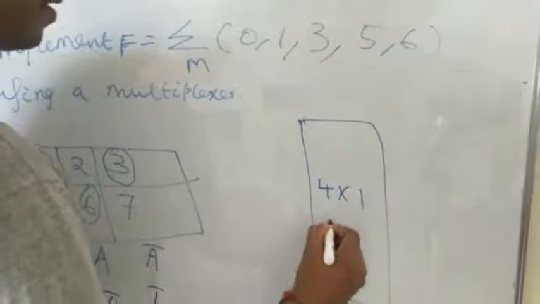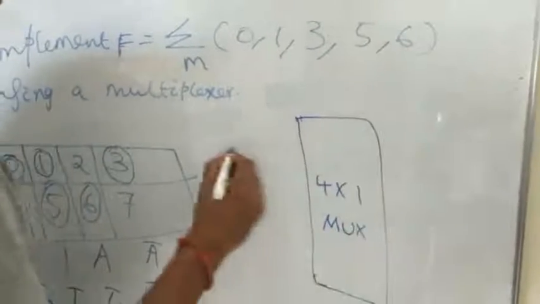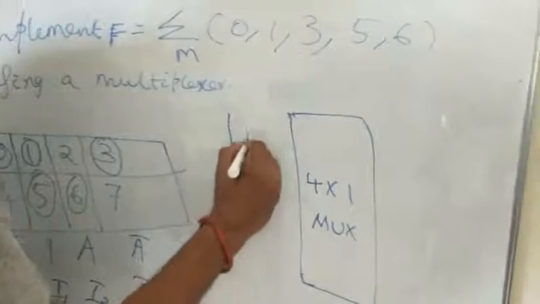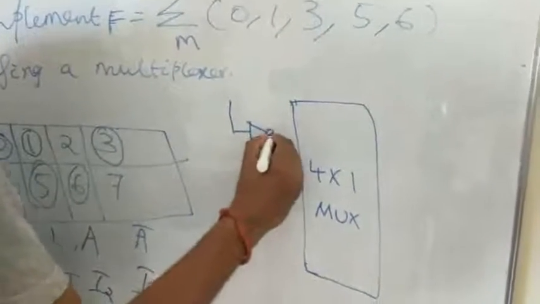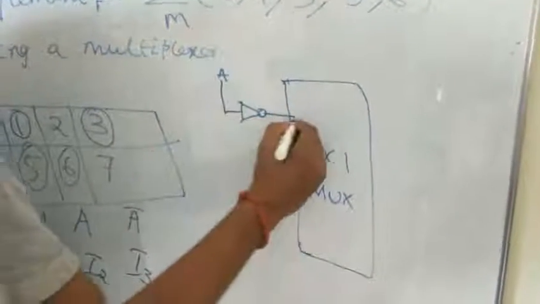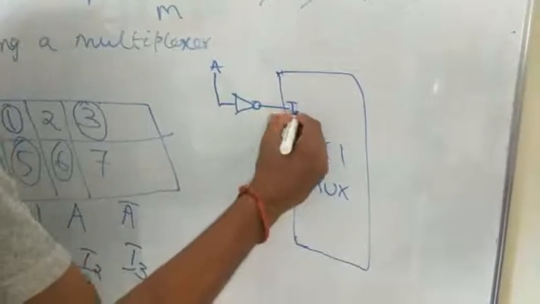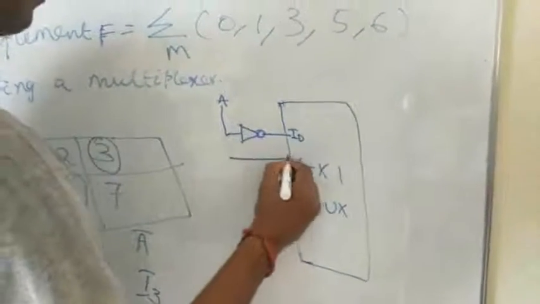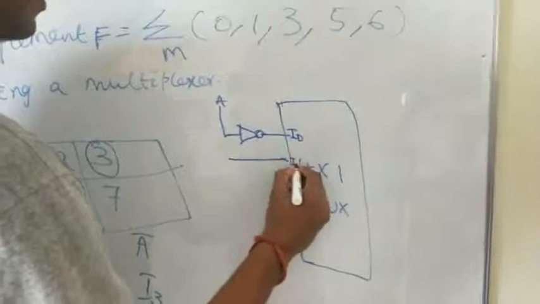What is I0? It is A dash. You can give it like this: this is A and this is going to be A dash. So it is I0. Then 1, we can give the logical input 1 here itself. This is I1.